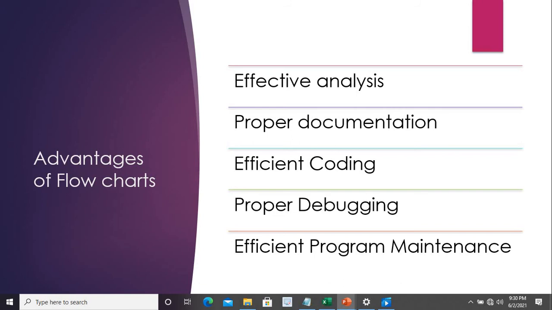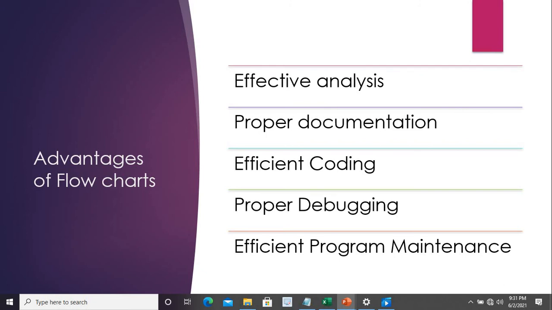The next advantage is proper documentation. Program flowcharts serve as good documentation. That is, the flowchart can be used for various purposes at different stages of the program development cycle. Efficient coding: the flowchart acts as a guide or blueprint during system analysis and the program development phase.